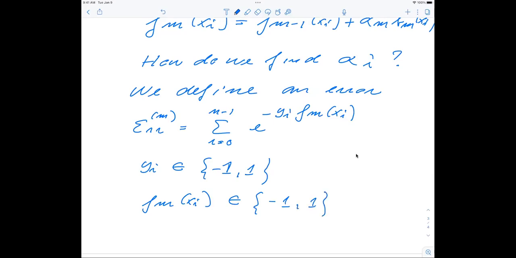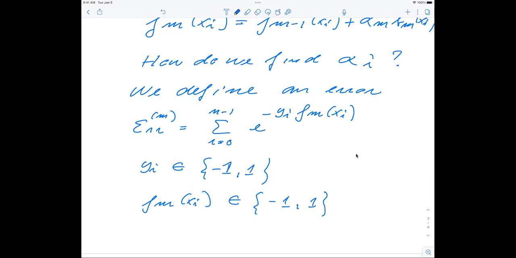Okay? So the whole point now, when we are setting up this error function, is that if you have a correct prediction, the argument to the exponential is minus 1, so you have e to the minus 1. That's a small number. And we are going to multiply that with a weight, and you will see quickly what this weight is.